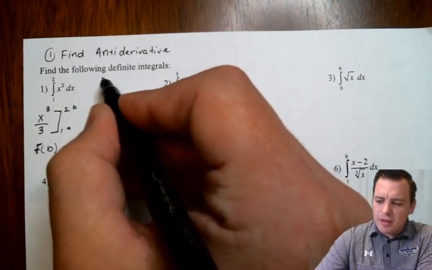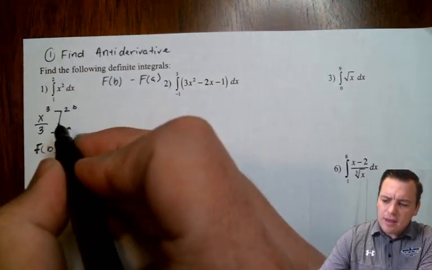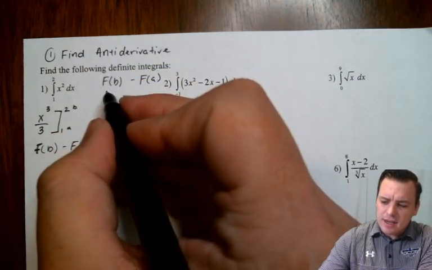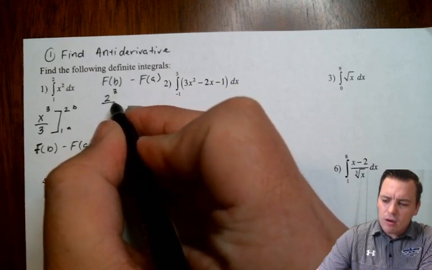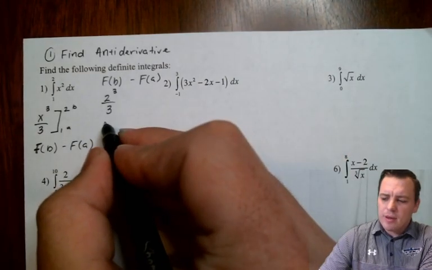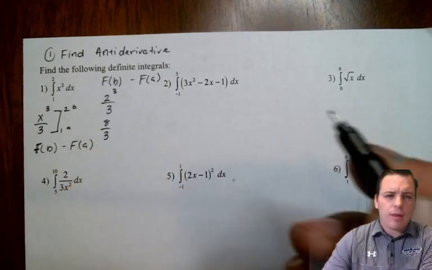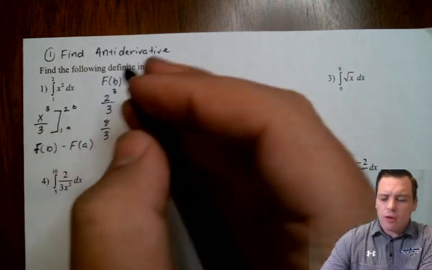So F of b minus F of a. F of b would be this, guys. Put a 2 in there. So 2 cubed over 3, and that would be 8 over 3. And then F of a is 1, put a 1 there.